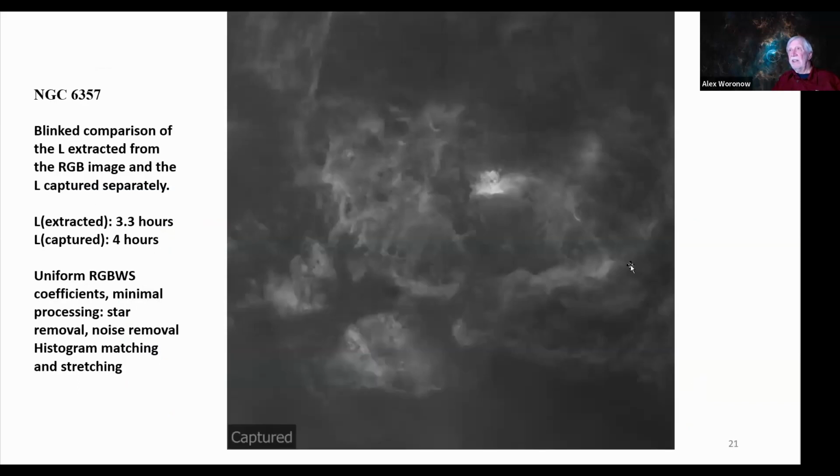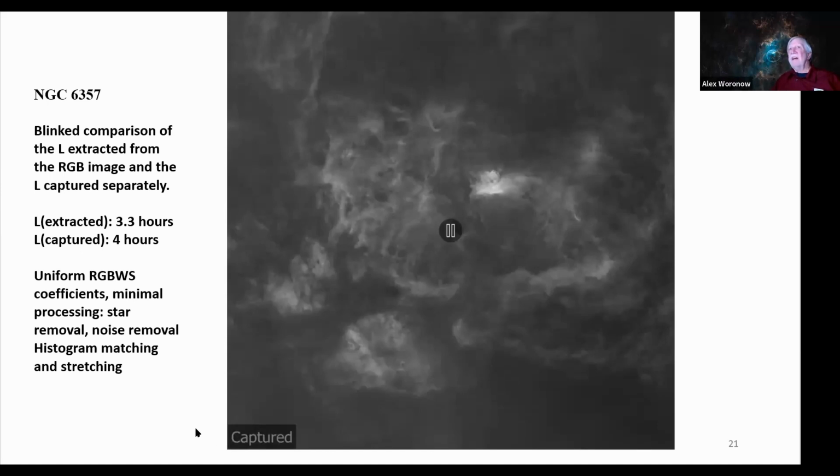quantitatively. Here's the first quantitative comparison. This is a blinked comparison. When I say captured and extracted, captured means it's the L that was captured as L subframes. Extracted means it's the L that was pulled out of the RGB image by transforming it into the Lab coordinate system and taking that L out and comparing them.